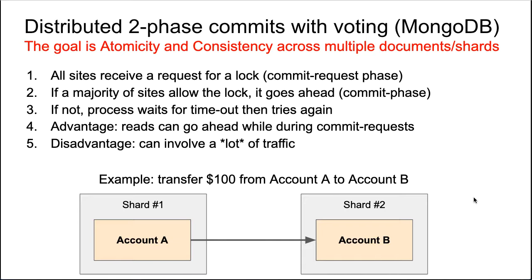So if I'm transferring money from Alice to Bob and they're on different shards, I'm going to lock down those two shards so no one else can change Alice and Bob. If I can't get that lock, it just times out. It says, no, I can't do this transaction.